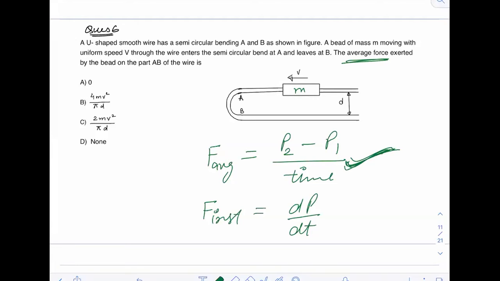Everyone just write in chat, what will be the change in momentum here? Everyone write what will be the change in momentum from A to B? I need everybody to write.